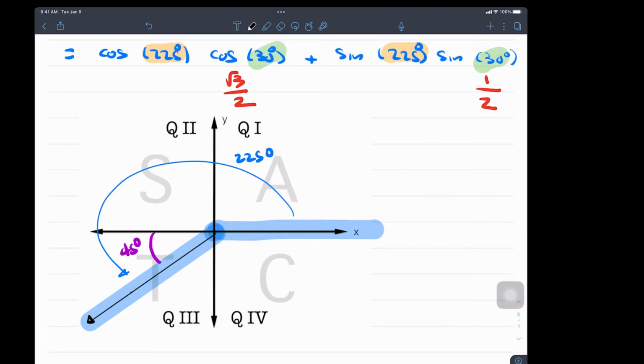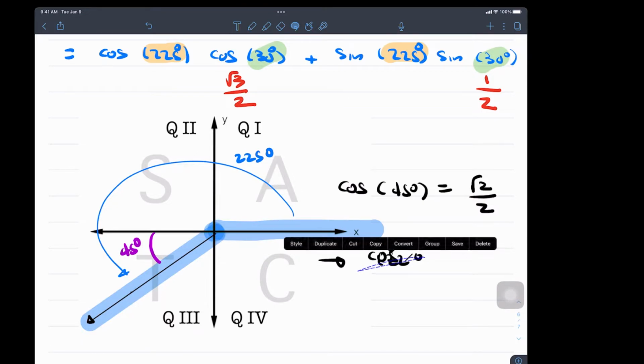Okay, so you might say, I need to know what? What's cosine 45 degrees, right? Square root of 2 over 2. But what does that imply about cosine of 225? We're going to have to use all students take calculus.